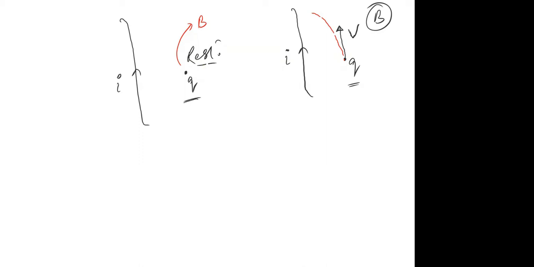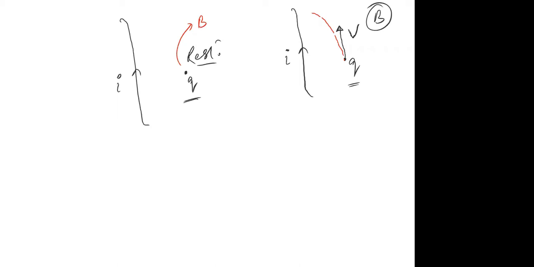Why? Because if you place a charged particle in an electric field, the charge experiences force irrespective of its state of motion. Either the charge is at rest or in motion, it doesn't matter. If a charge is inside the electric field, it will experience a force. Is it clear? But as I can see, as the charge is at rest, it is not experiencing any force, which means there is no electric field.